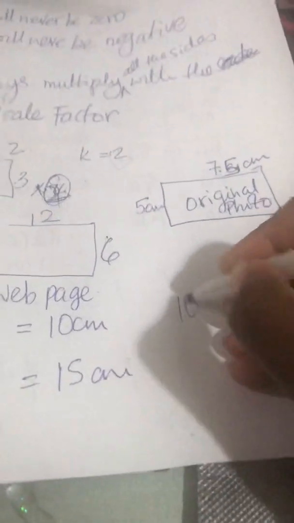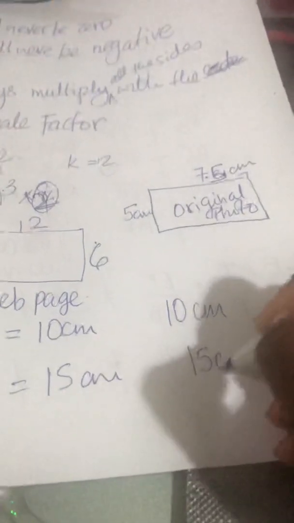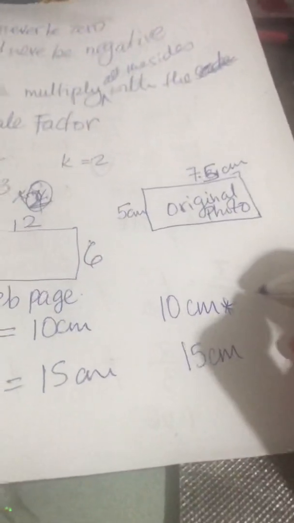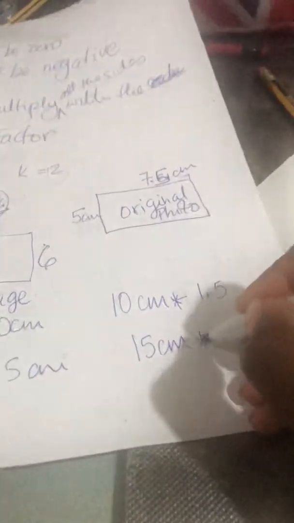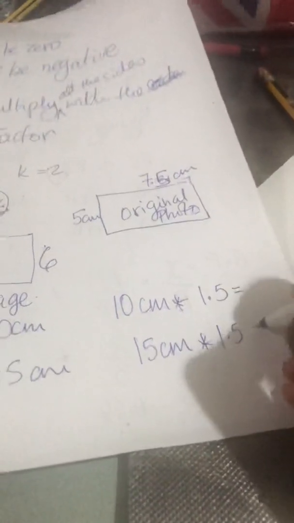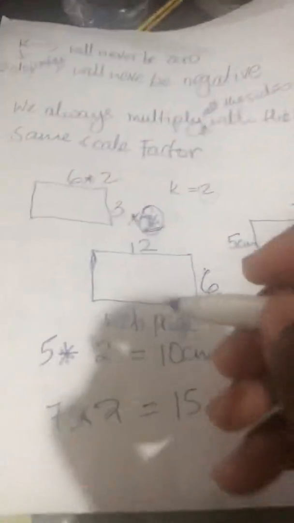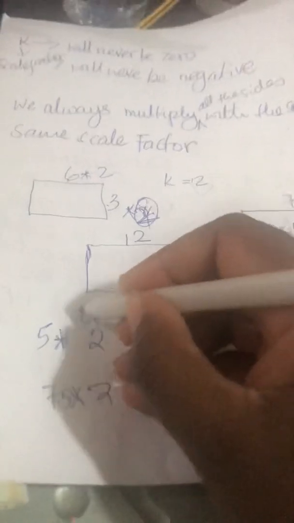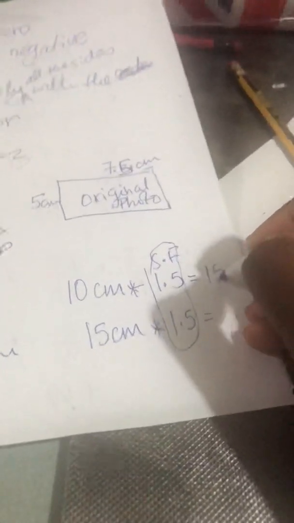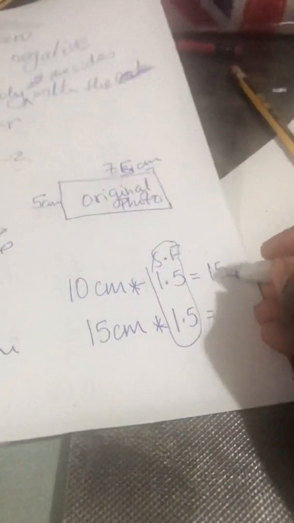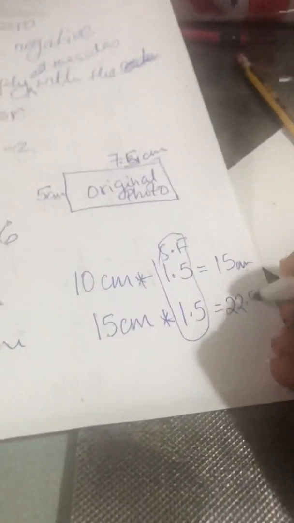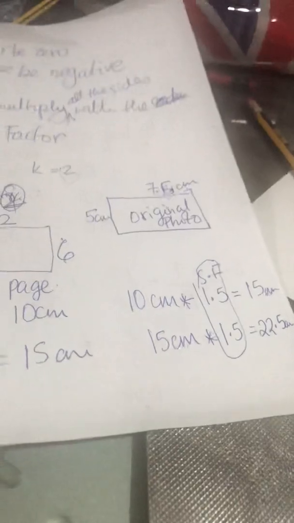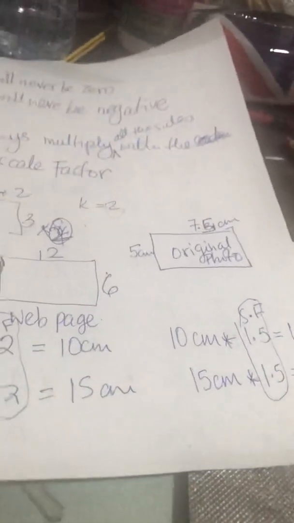So then he did 10 centimeter, 15 centimeter, and multiplied by 1.5. Here, this is the scale factor. All right, so 10 times 1.5 is 15 centimeter and 22.5 centimeter.